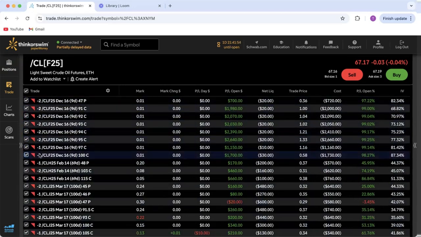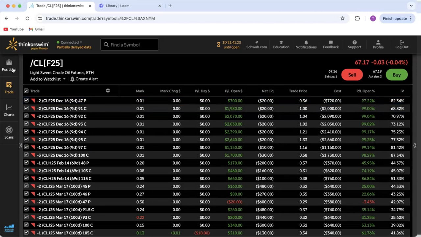The next number is quantity, and see how it's listed as a negative number, -2, -2, -2. If you sold the option, it's going to show as a negative in terms of your quantity.